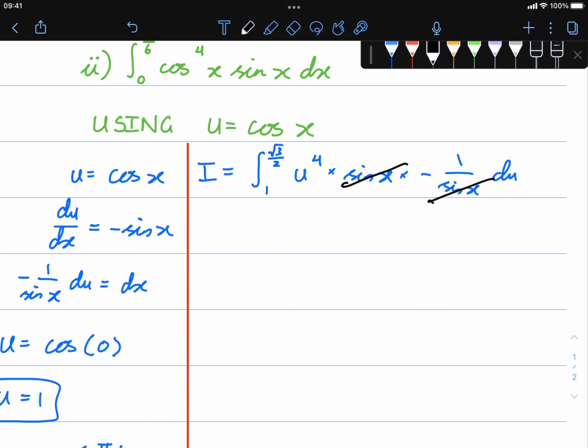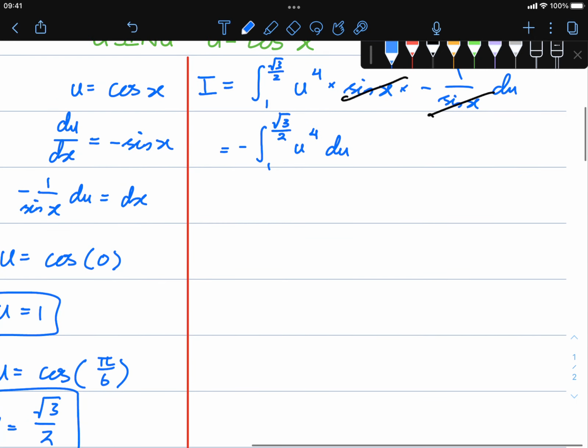Hope you can see that these two will cancel. This leaves us with negative of the integral from 1 to root 3 on 2 of u to the power of 4 du.